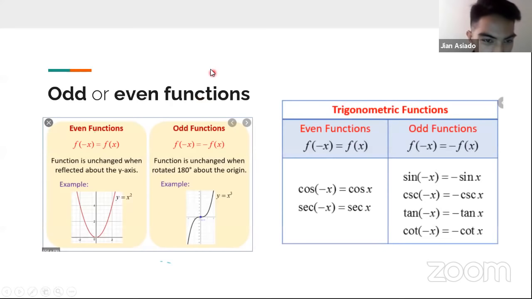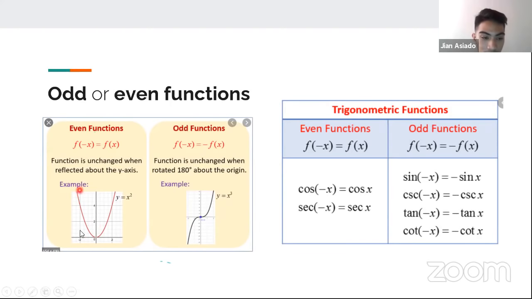And again, para masagutan din yung buong question, we have to discuss about odd or even functions. Yung even functions, kapag ginawa mong negative yung input mo sa x, same lang siya as the original pag hindi negative. And also the odd function, kapag ginawa negative si x, nagiging negative yung result. So, similar to this.